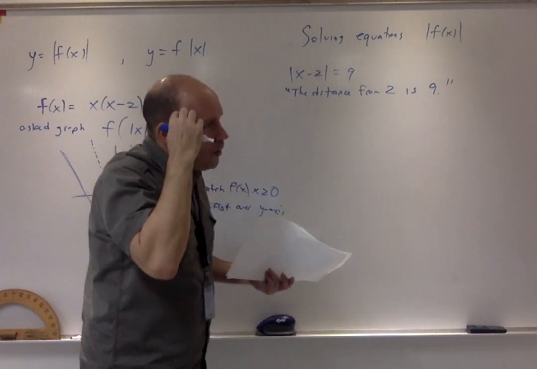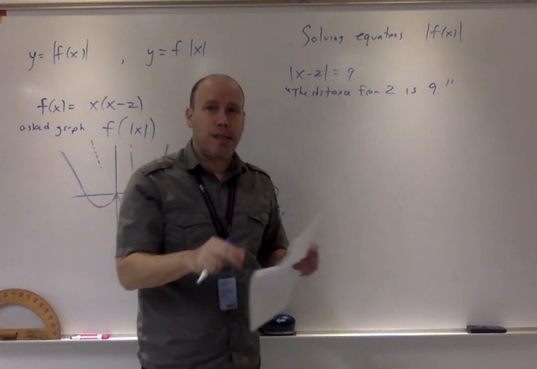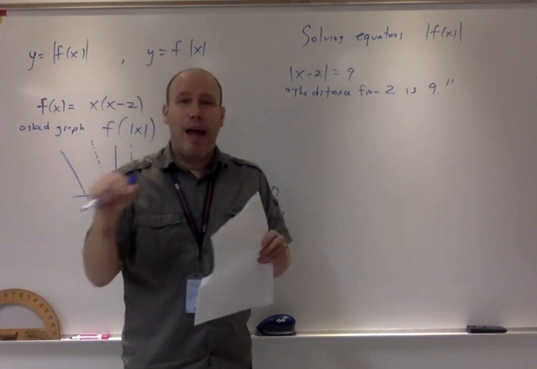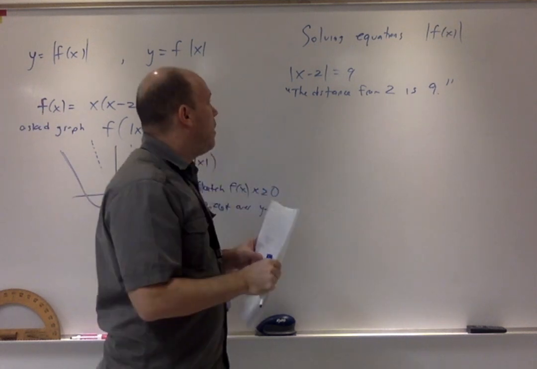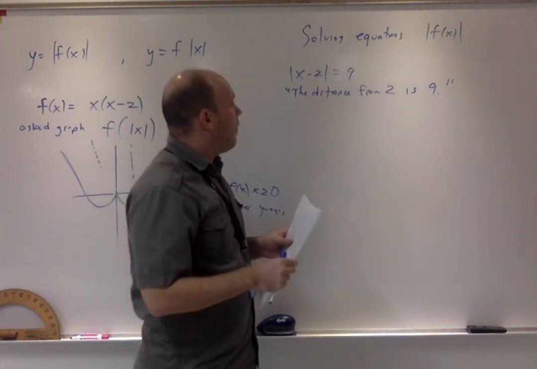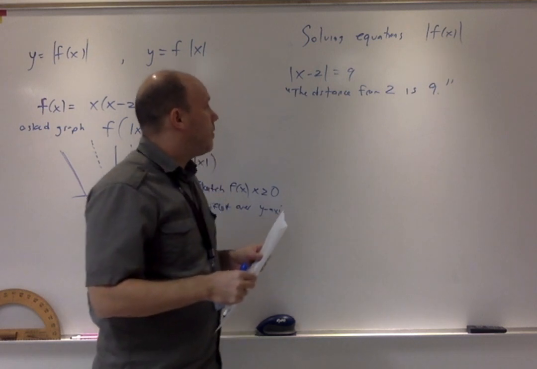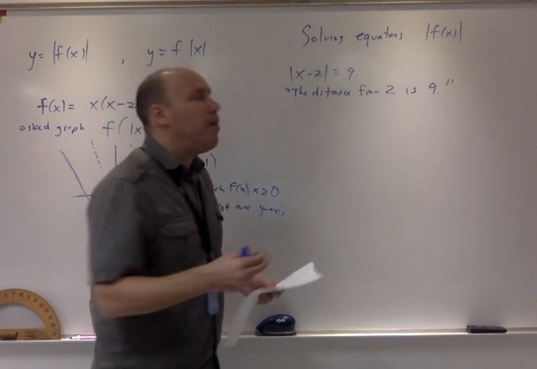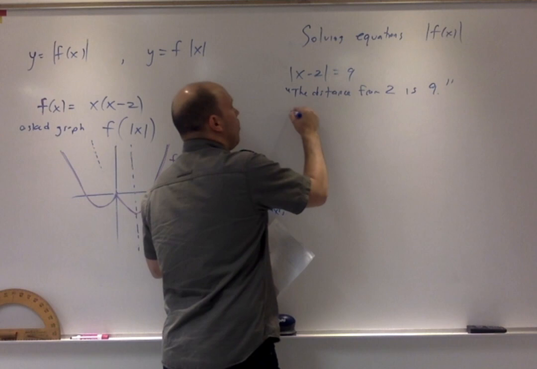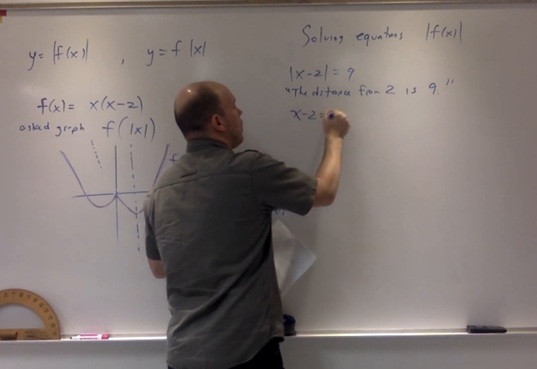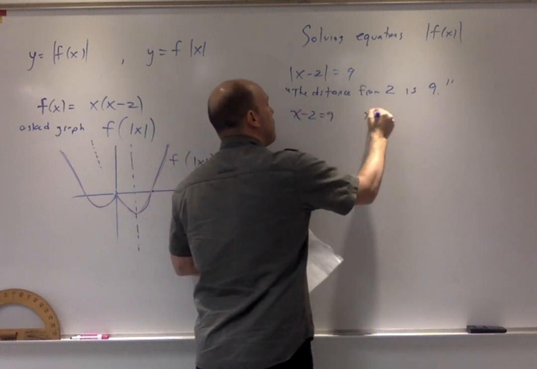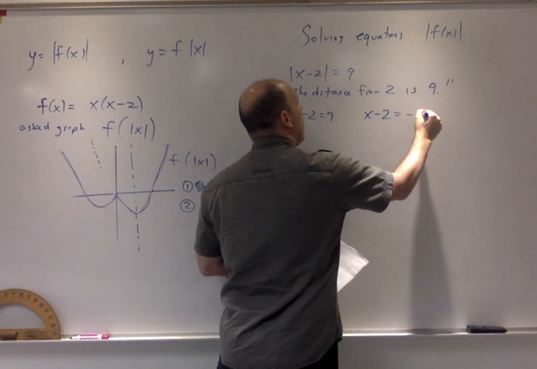Well, we can visually see what's happening. The 2 is the center. You go 9 to the right, 9 to the left. We would expect the answer to be 11 and negative 7. Let's do that algebraically. We set x minus 2 equal to 9, and x minus 2 equals negative 9.